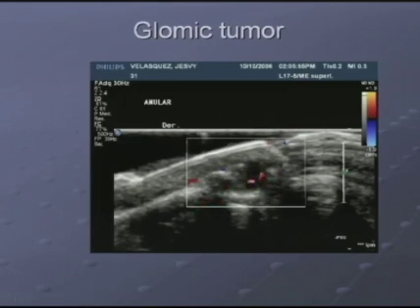A glomic tumor is a vascular tumor that usually can be found in the fingertips, sometimes in the knees, sometimes in different parts of the body, but it's very frequent to find these lesions just in the fingertips. They are vascularized lesions, and we are demonstrating here the presence of vessels by using the color Doppler.